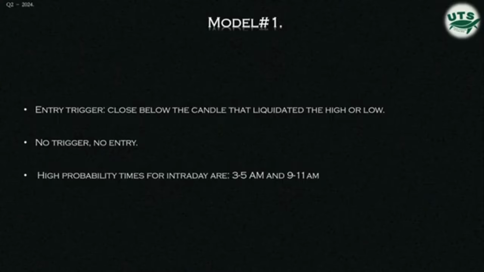Entry trigger: close below the candle that liquidated the higher low. No trigger, no entry, right? You have strict rules to your model. It tells you when to stay out, and it tells you when to participate, right? If there is no close, you have no trade.